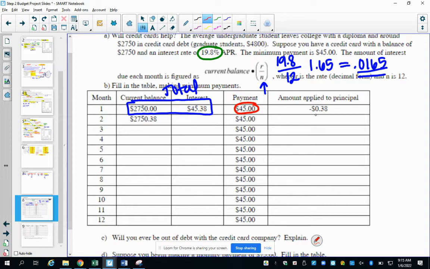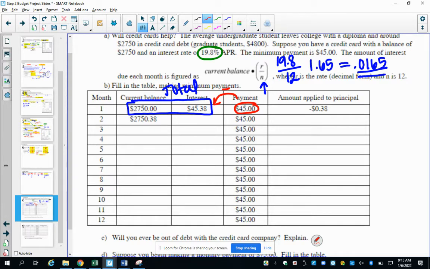How much actually got applied to your principal? Nothing. Your principal actually went up. You didn't make any gains towards your loan. That's why this says negative 38 cents. If I do my payment minus the interest, that's how much you'd be paying towards your principal, and in this case, that's negative 38 cents.